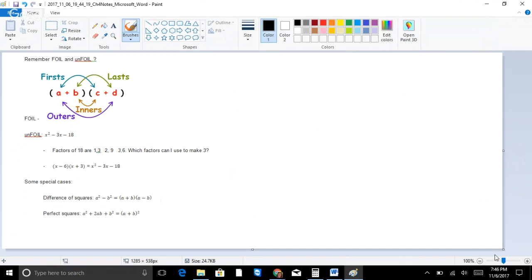If you remember from 4.1, a quadratic equation looks like this: ax squared plus bx plus c equals some value y.